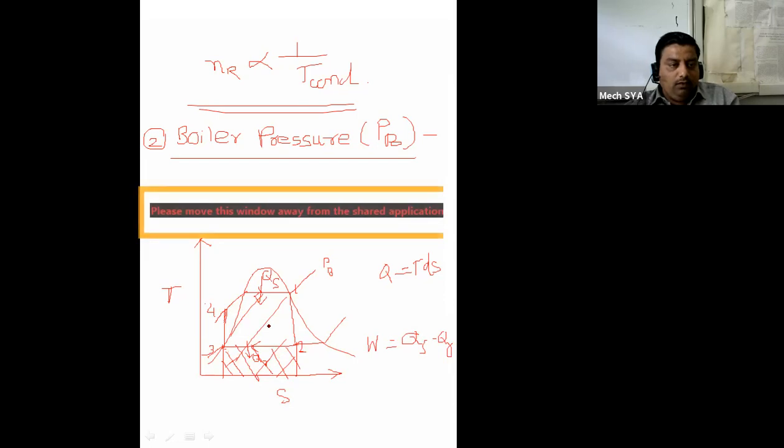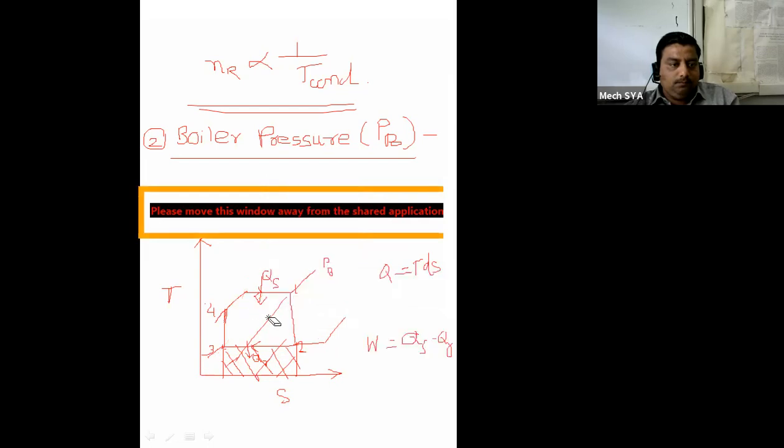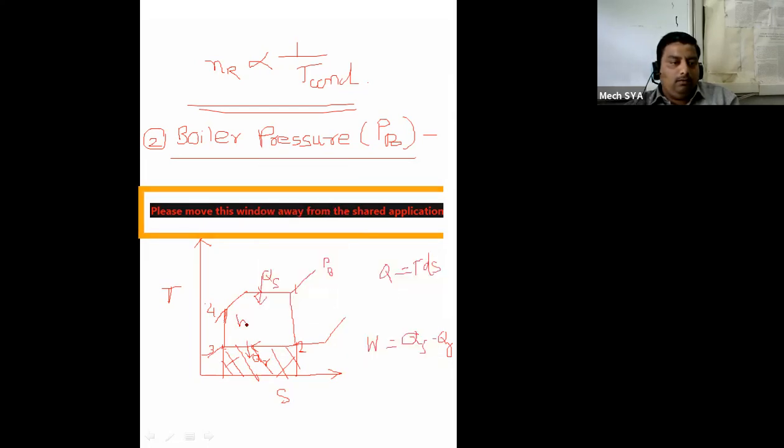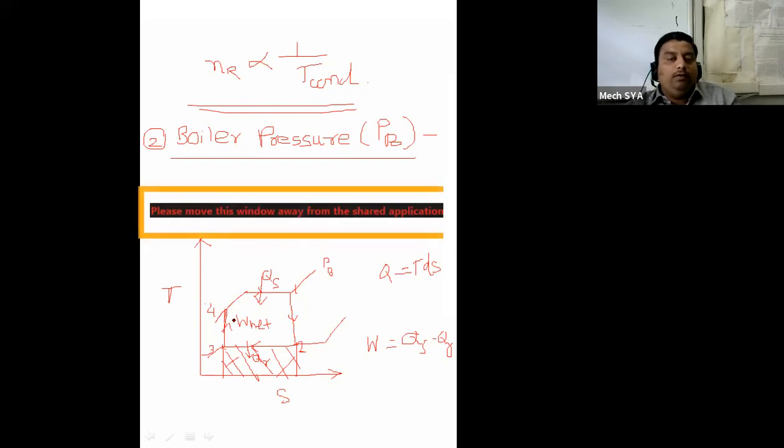So whatever is remaining under this polygon is the net work obtained from the cycle. The polygon is 1, 2, 3, 4. Whatever area is covered by this polygon is the net work obtained from the cycle.